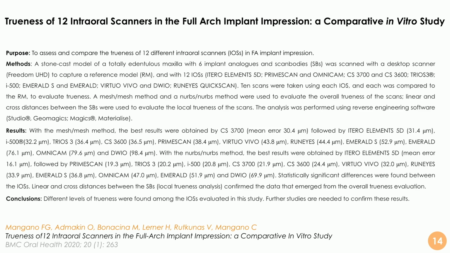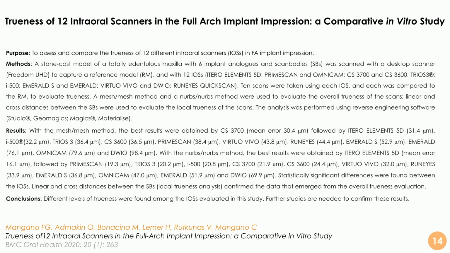We superimposed the models using different techniques, a mesh-to-mesh technique and a NURBS-to-NURBS technique, in order to understand something about the overall trueness of the different models captured with the different scanners.